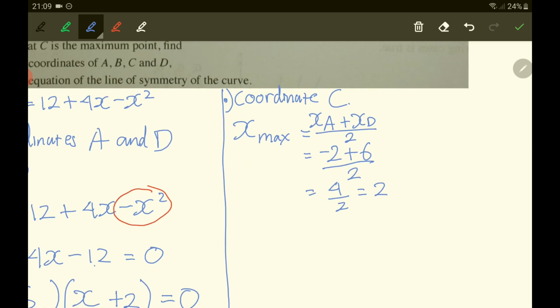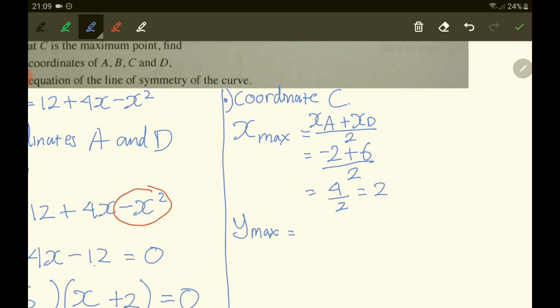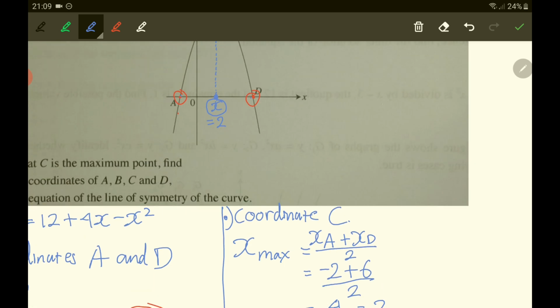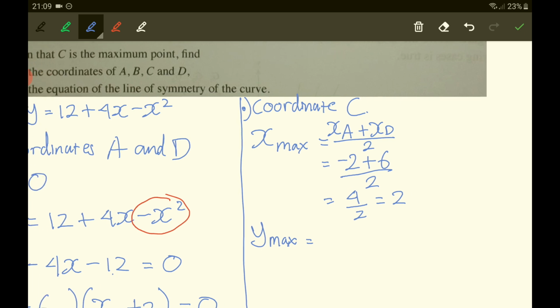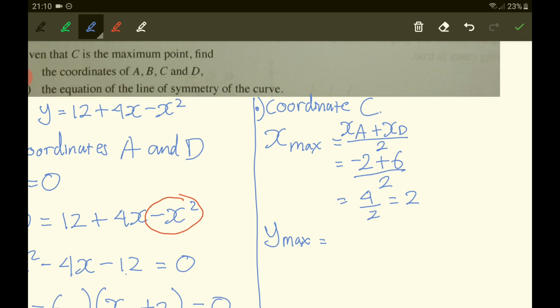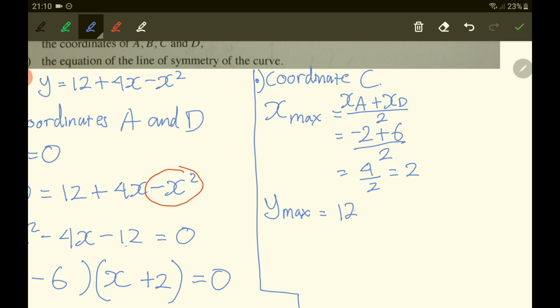Now it's time to find the y max, the y coordinate for the maximum point. After you get the x coordinate for the maximum point, it's very easy to find the y max. We just need to substitute into the equation: 12 plus 4x minus x squared. Just change x into x max, which is 2 here. So 12 plus 4 times 2 minus 2 squared.